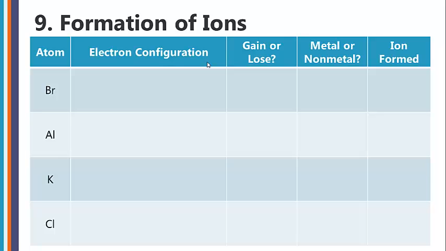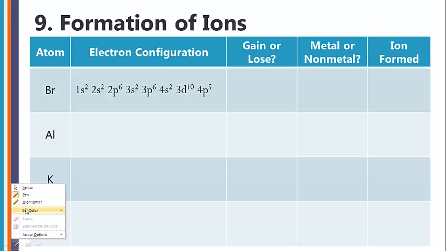Next is about the formation of ions. So the electron configuration for bromine is 1s2, 2s2, 2p6, 3s2, 3p6, 4s2, 3d10. Remember, the d block is a little bit more stable, so it actually jumps down in energy level. And then we have 4p5. So the highest energy level here is 4.